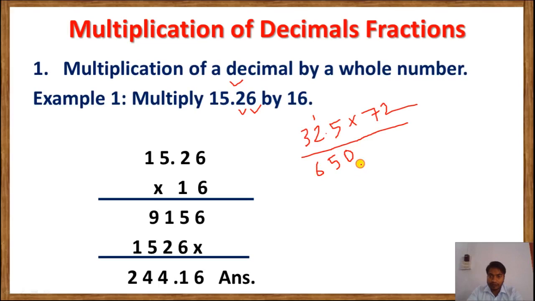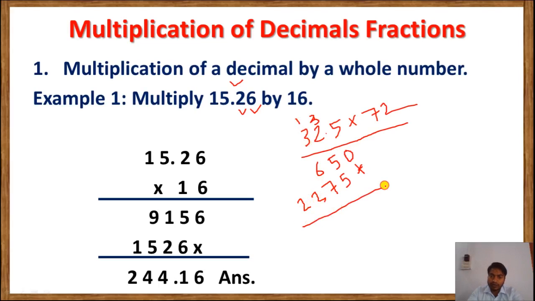Now we will multiply this number by 7. Now 7 into 5 is 35, carry 3. Now 7 into 2 is 14 and 3 is 17, carry 1 for this. Now 7 into 3 is 21 and 1 is 22.